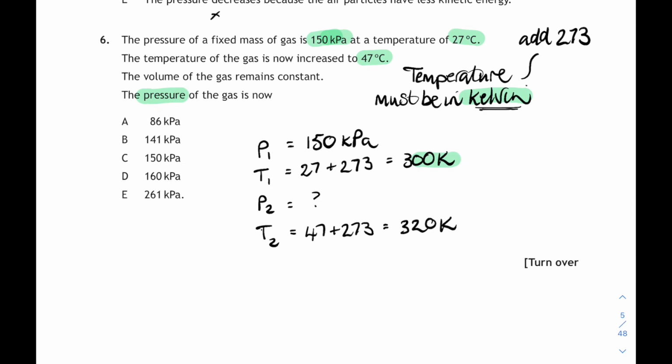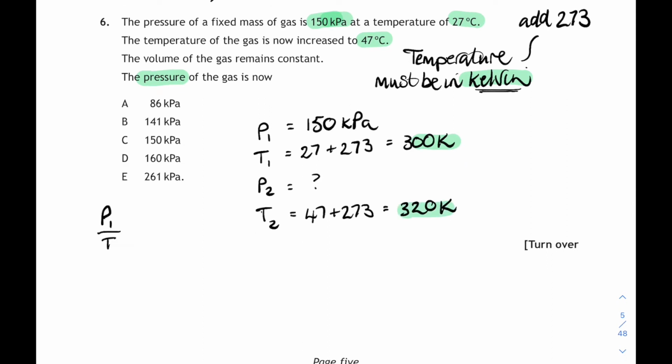So let's write our relationship down. P1 over T1 equals P2 over T2. Rearrange for P2, so P2 equals P1 T2 over T1, and substitute in all the values that we know. So P1 was 150, T2 was 320, and all that is over T1, which was 300.